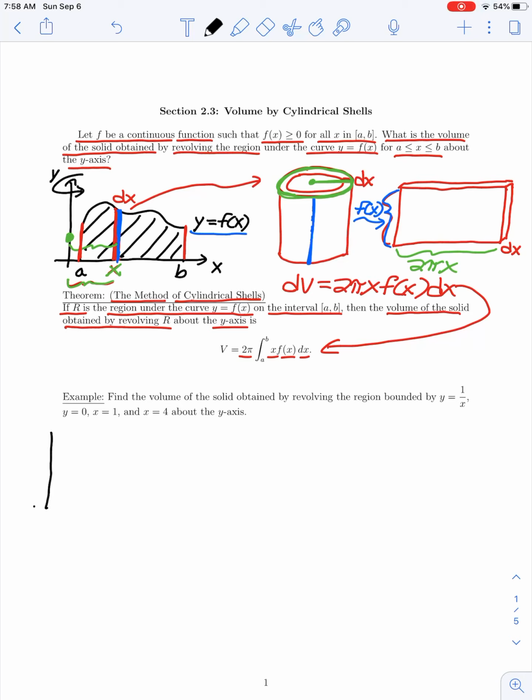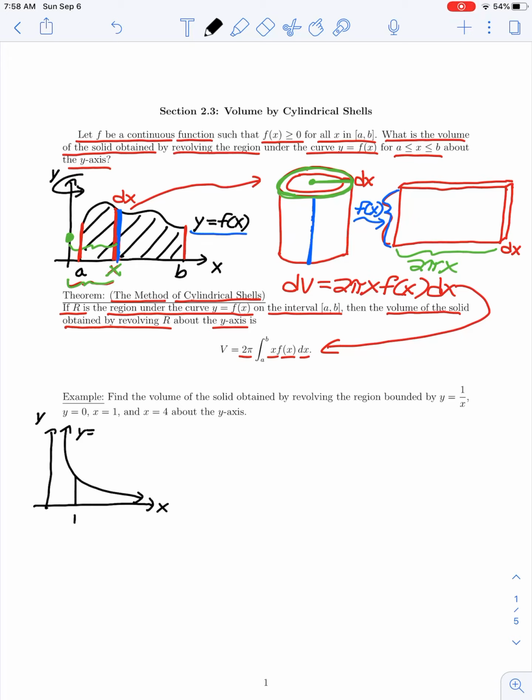So in the xy plane, we're looking at the region bounded by y equals 1 over x. So in the first quadrant, y equals 1 over x looks like this. The x-axis, which is already shown, and then the vertical lines x equals 1.